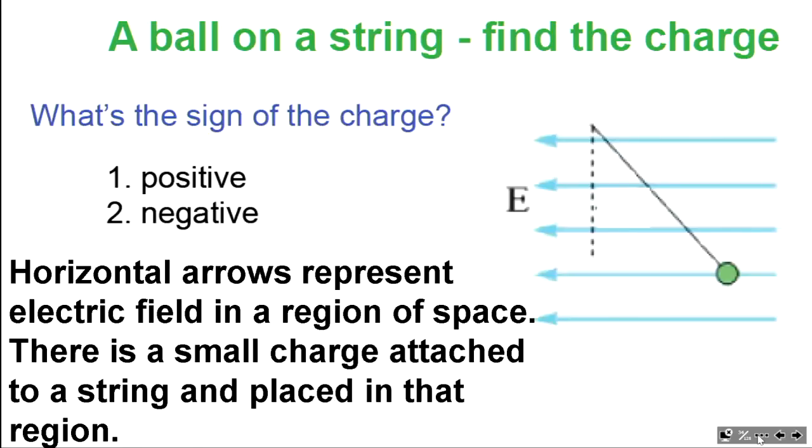So here I can draw an arrow which represents the existence of electric field at the location of the charge. But I also can draw an arrow which represents the force acting on it, electric force, because also we have tension and gravity, no doubt, but electric force must point to the right.